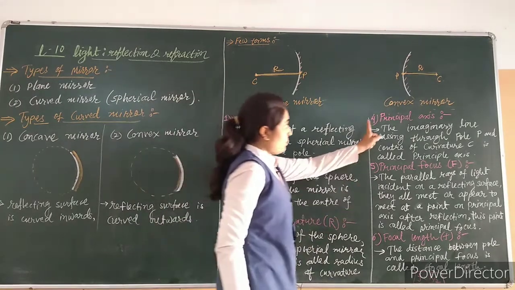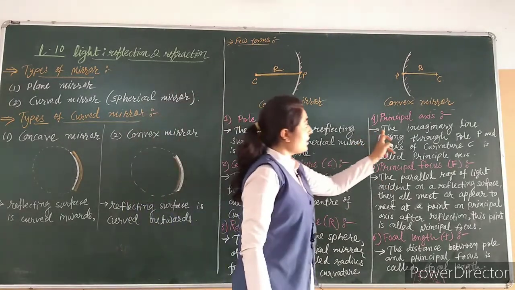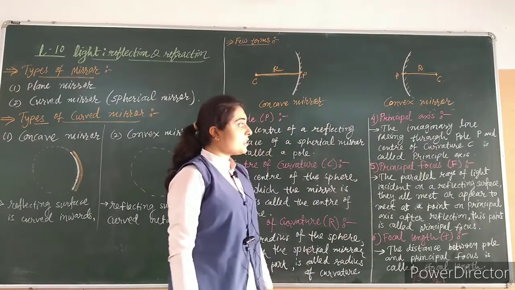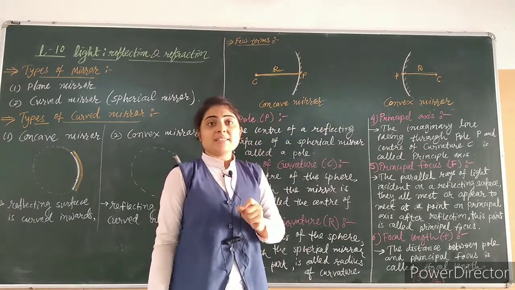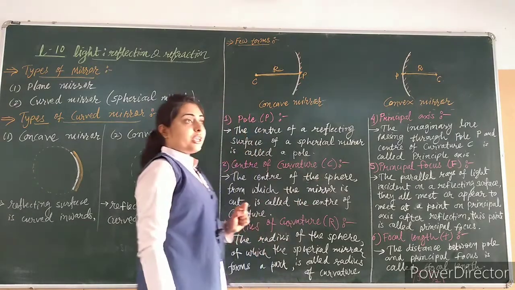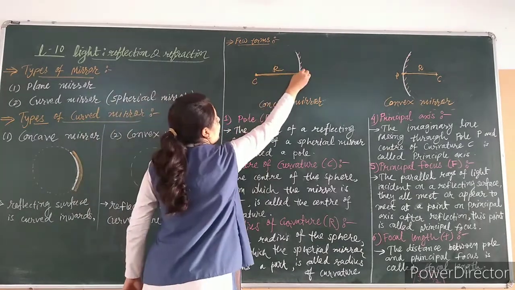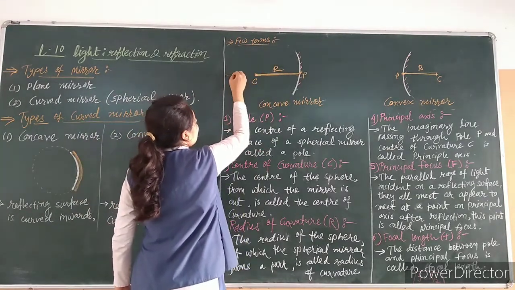Next, principal axis. What is the principal axis? The imaginary line passing through the pole P and center of curvature of a mirror is called the principal axis. We imagine a straight line passing through this pole and center of curvature.